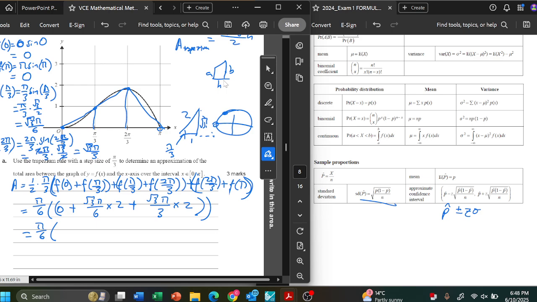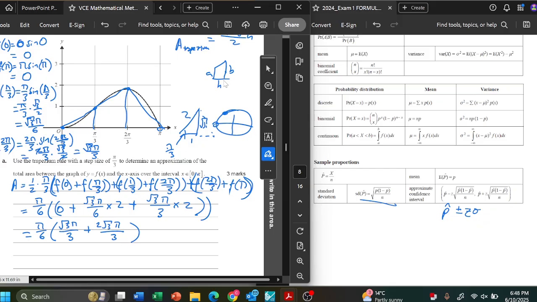So that is going to be, so 2, that's just going to be root 3 on 3 pi, plus 2 root 3 pi over 3.